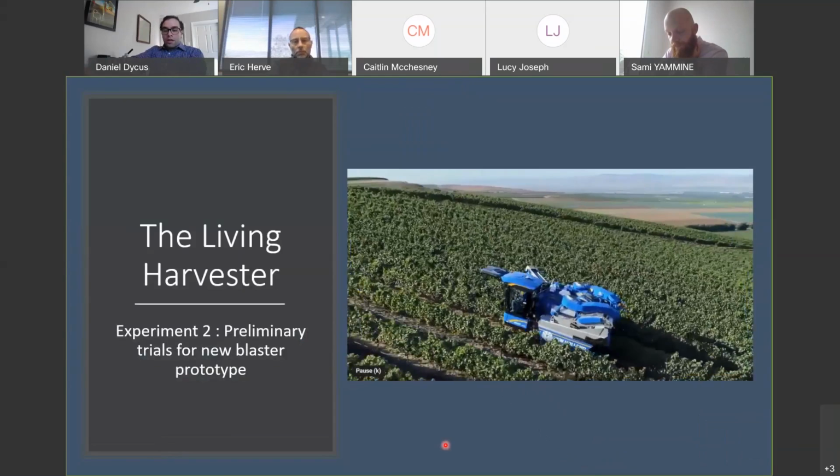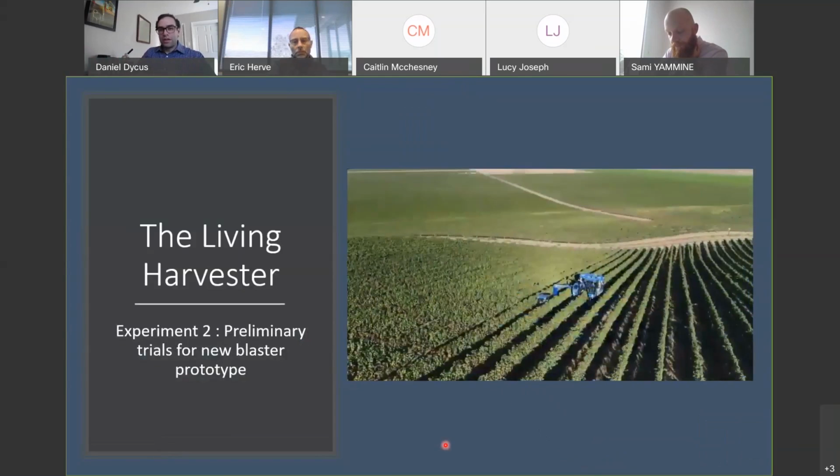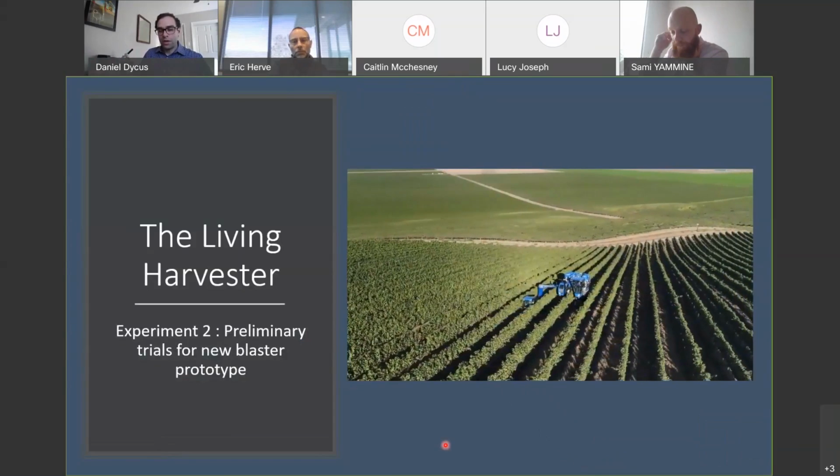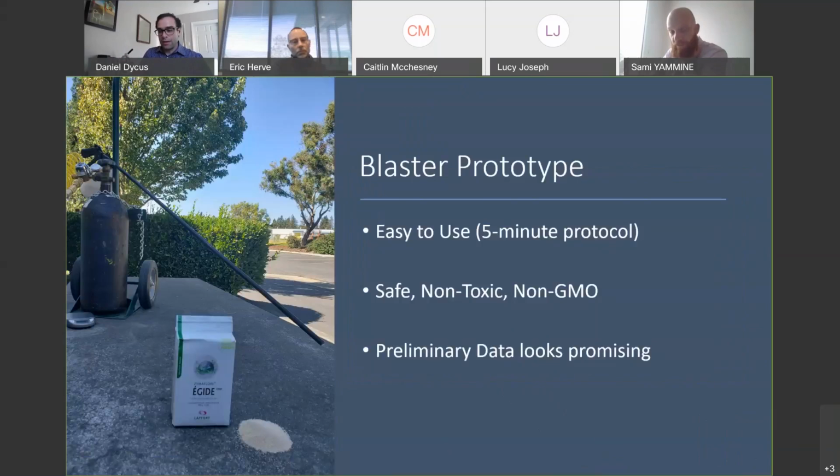So we had a winemaker come to us and she said, my harvester smells like VA. What can I do about that? So we built an air rifle, a blaster that shoots yeast approximately 17 feet. And we used the blaster as a way to inoculate the harvester. If you imagine the harvester is a surface, it's a vector covered with sugary water, grape juice, and it's a vector for wine spoilage, and it's just traveling through the vineyard.